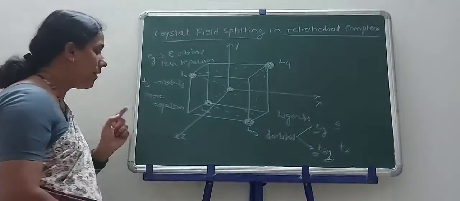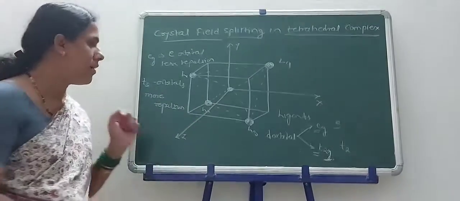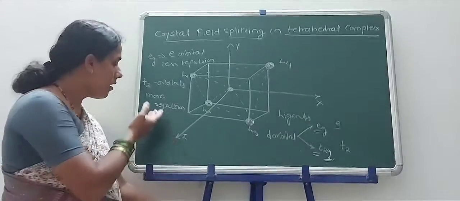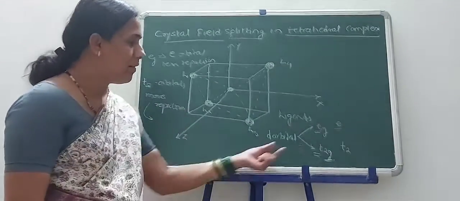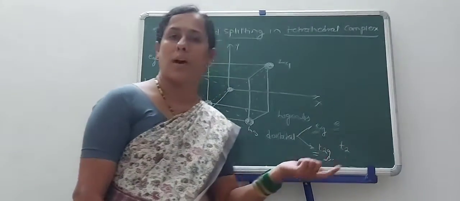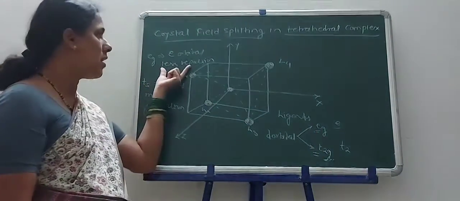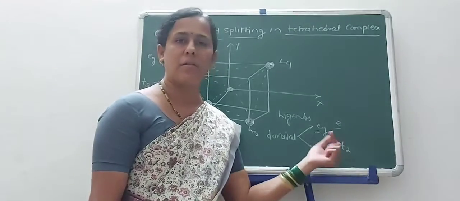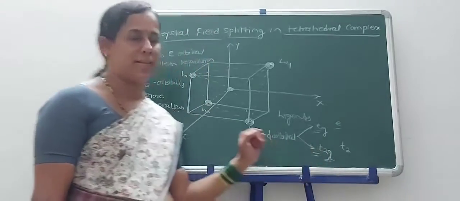The T2 orbitals are a degenerate set and less stable, so they absorb energy and go to a higher level. The E orbitals, which are less repulsive, go up with less energy.